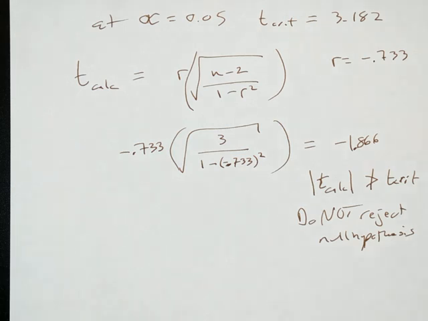Now, there is a way to compute an R critical value, but it's not exactly easy, and it doesn't allow me to do anything with my alpha. There's no confidence level there. There's a formula in the textbook.